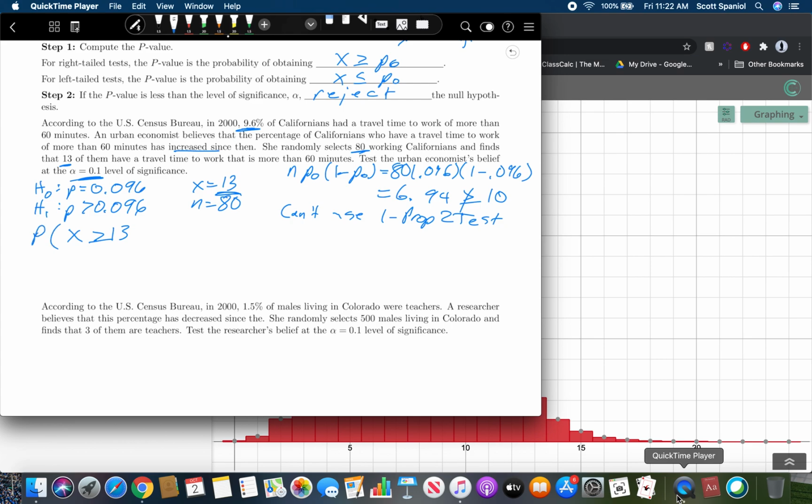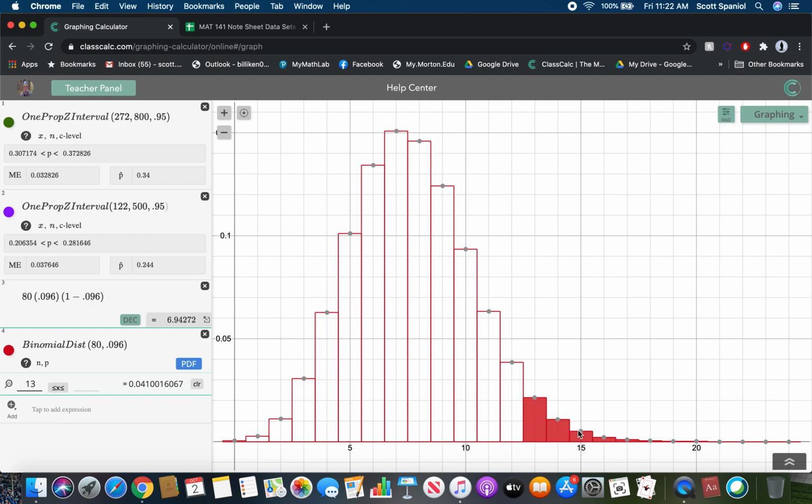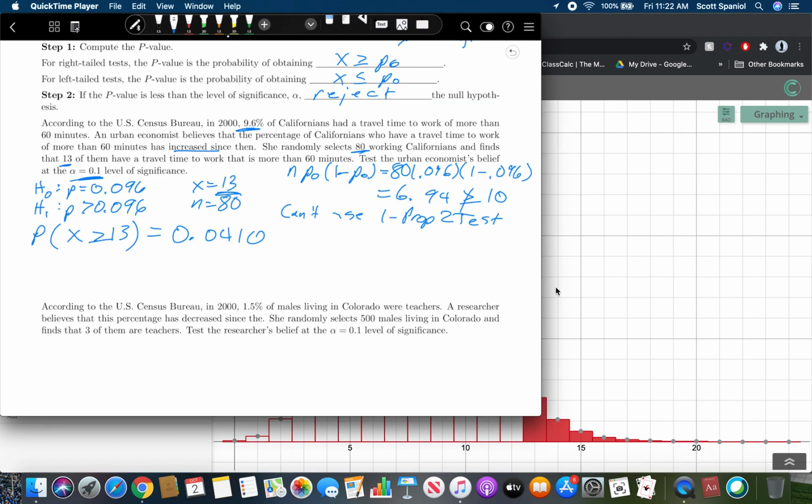That's the probability we want to find. So we can do that by doing CDF and doing 13 is less than or equal to x. And so now we've got the area to the right that way. So we get 0.0410.